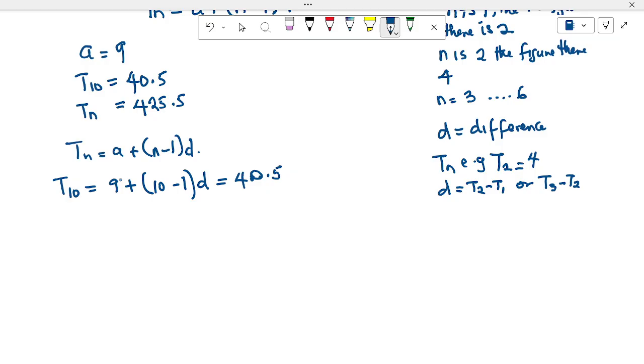Remember, we're given the 10th position to be 40.5. Solve that equation. We have 9 plus 10 minus 1, which is 9, times d, so 9 plus 9d is equal to 40.5.